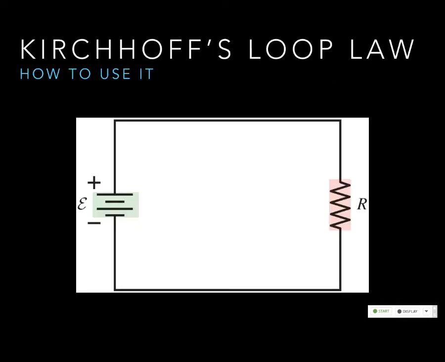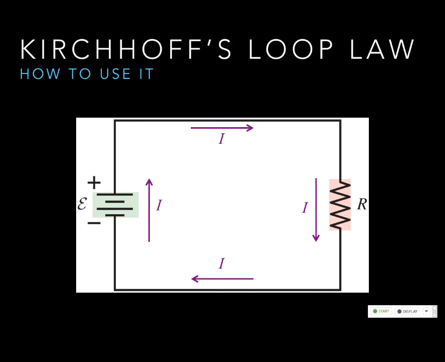So, how do we use it? Let's start with the very simplest case of a circuit. Here's your battery, here's your resistor. If you want to calculate currents, you can just use V equals IR in this case. But if you want to look at it from a loop law perspective, you know the current's going this way. Do you have to know which way the current's going to use this?